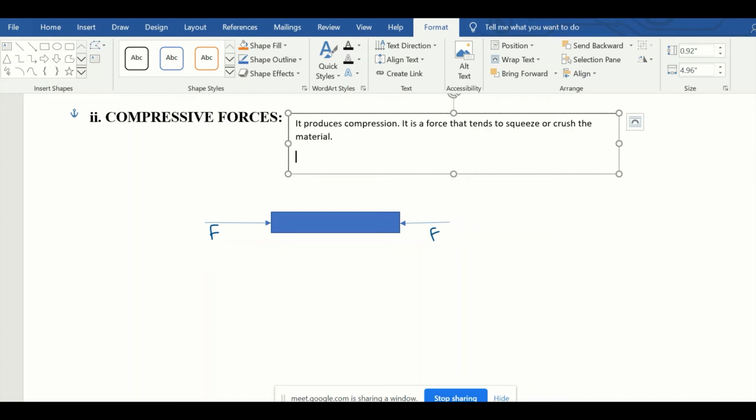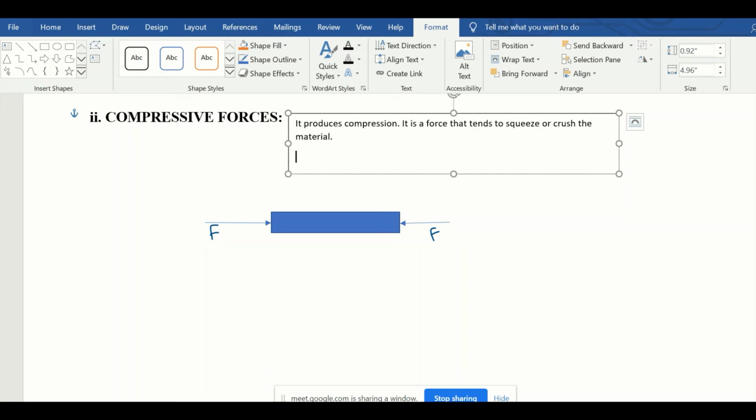Now, please note that because it is crushing or squeezing the material, the effect of compressive force is that it will reduce the length of the material. So compressive force will decrease the length of the material on which it acts.